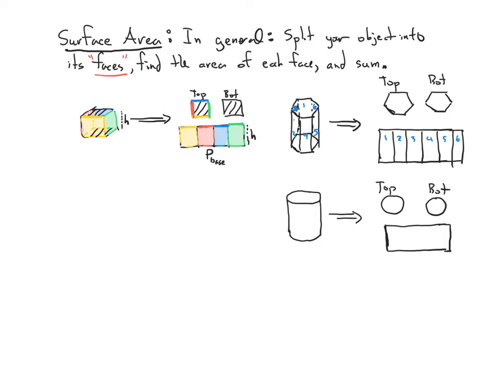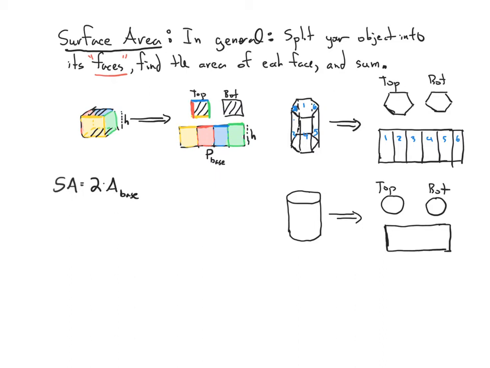So that's awesome. So the surface area, we'll use SA for surface area, is 2 times the area of the base. Since we have 2 bases, it's the area of the top base plus the area of the bottom base.